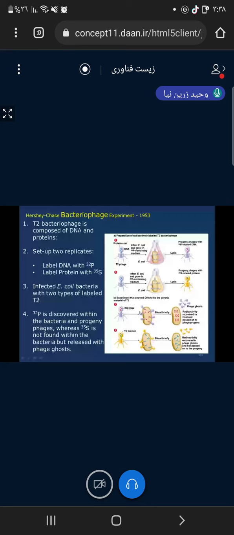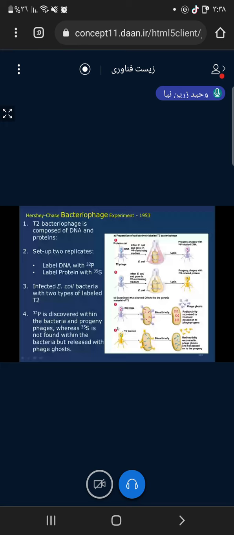And in the second experiment, they produced a protein, and this protein has radioactive sulfur, sulfur-35.